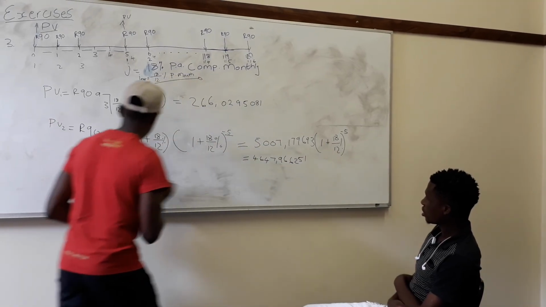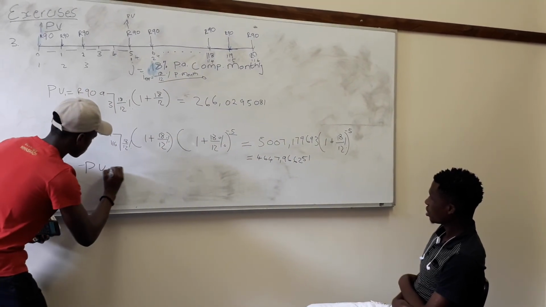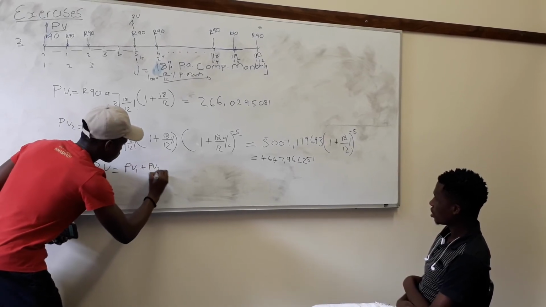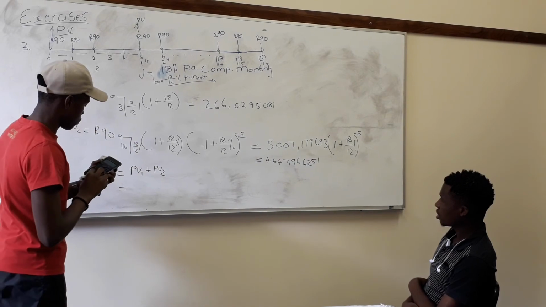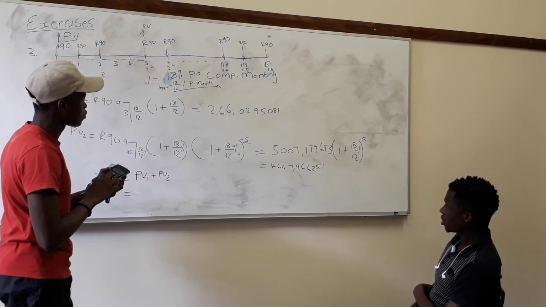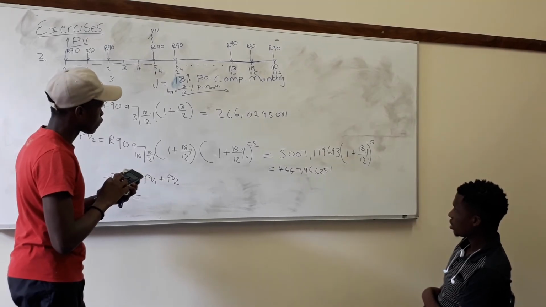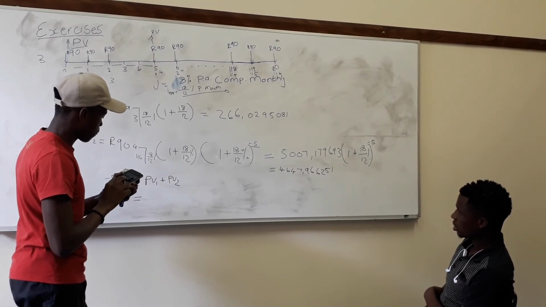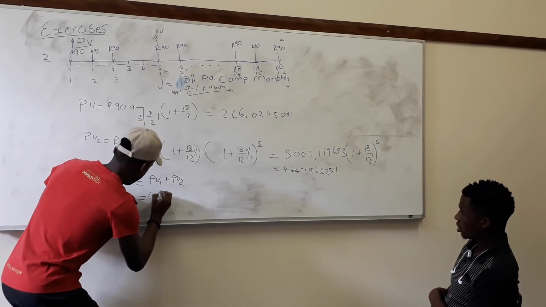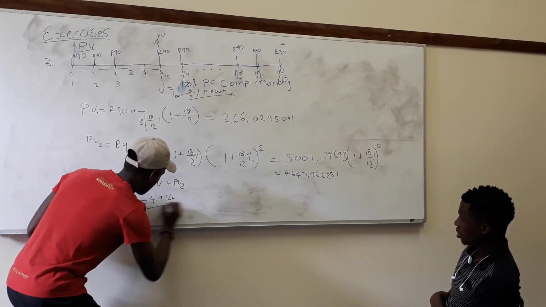So the PV is going to be PV1 plus PV2. PV1 is 266,029.5081, and then plus this one, we're going to get 4914.